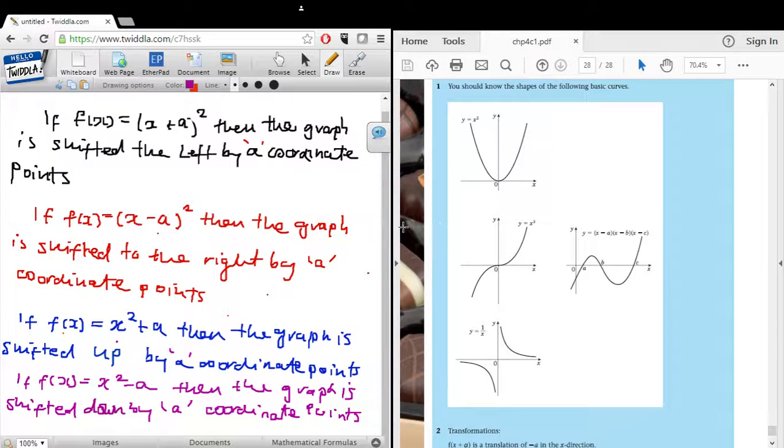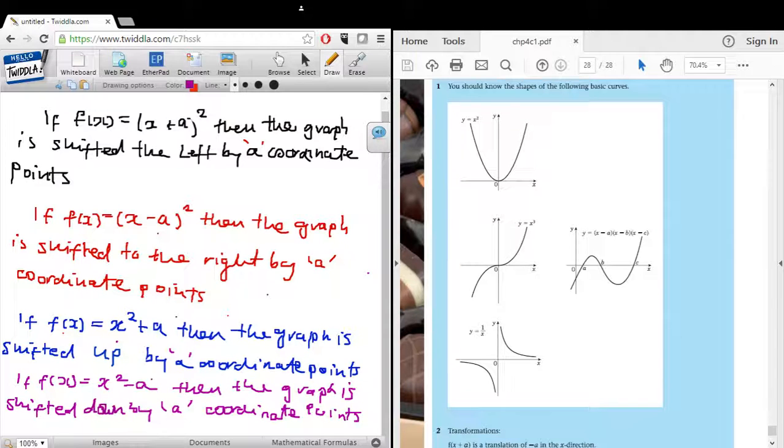So again, if a here was to symbolize 3, you would have on this side starting at 3 instead of 0. And likewise, if a is minus, as is here, then it will be shifted down, and it will be minus 3 if a was 3 in our example.